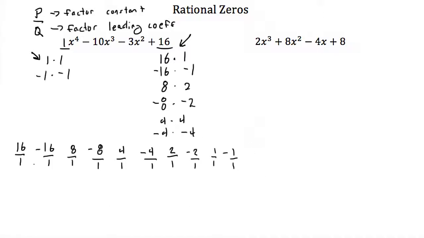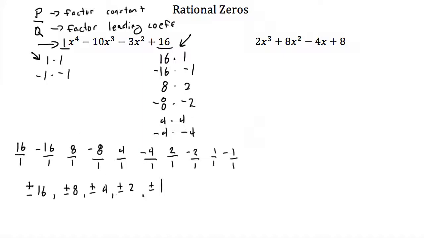So to simplify this, we would write it as plus or minus 16, plus or minus 8, plus or minus 4, plus or minus 2, and plus or minus 1. So this polynomial equation would have 10 possible rational zeros.